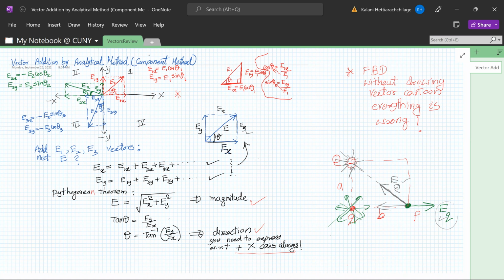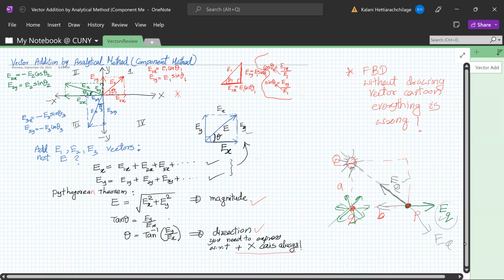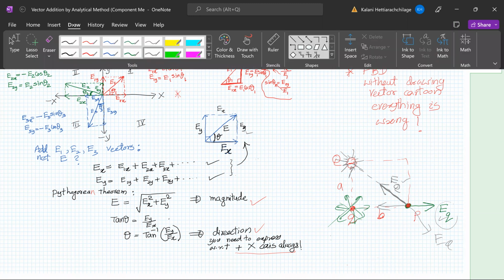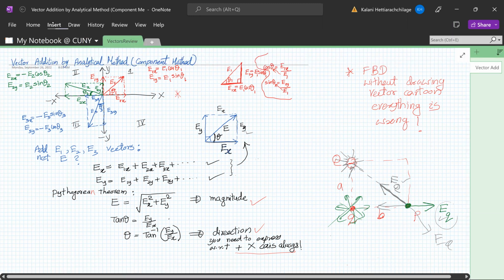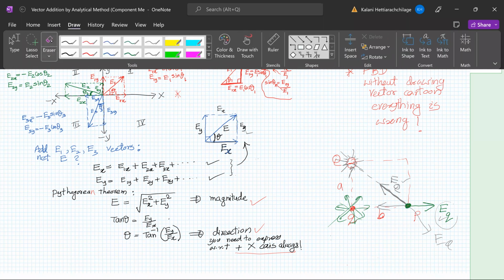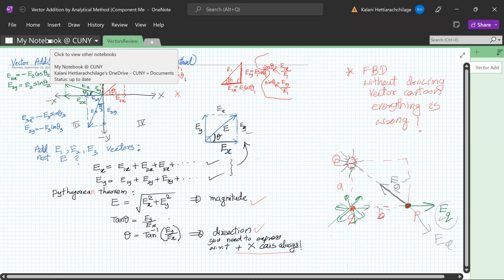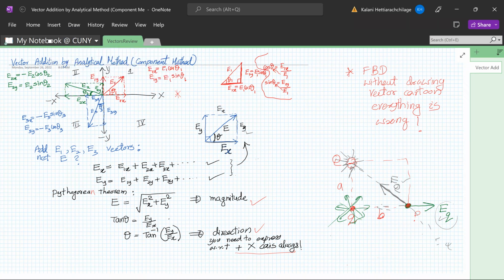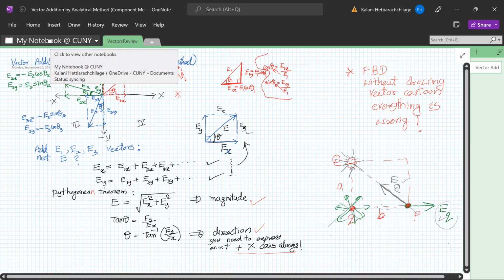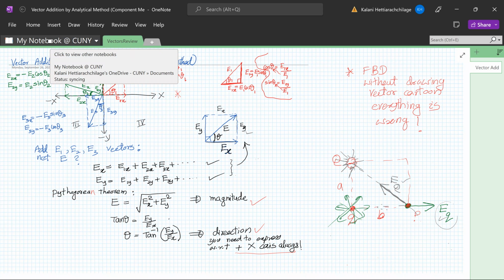If somebody thinks EQ is this way, that means you are doing a totally different problem than what the problem is asking. Because of that, follow those things very carefully, because direction is one of the most important parts when you work with vectors. If you do not draw this diagram, that means your calculation makes no sense.